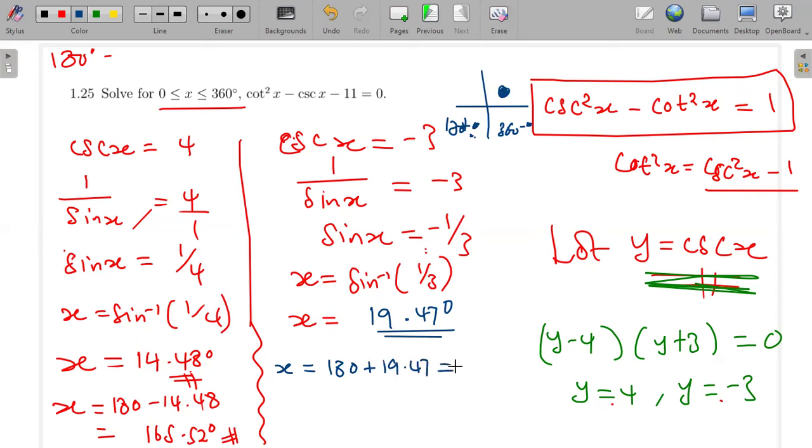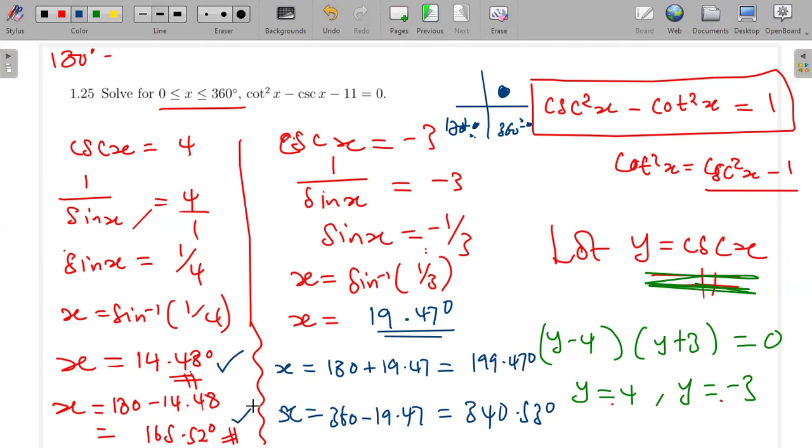So this is giving me 199.47 degrees. My other x will be in the fourth quadrant. So that will be 360 minus 19.47, which gives me 340.53 degrees.